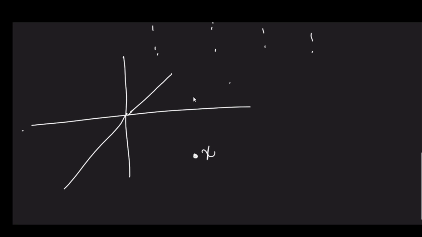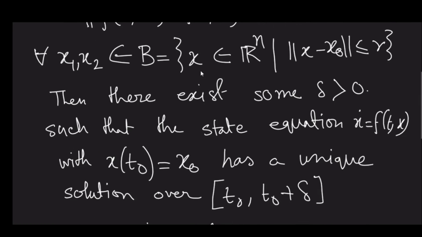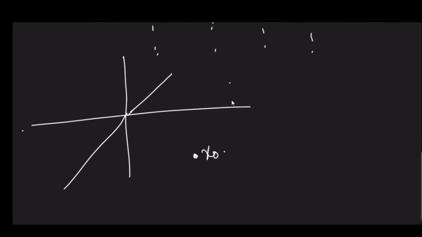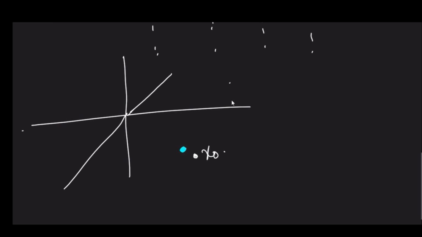Here you have x naught. Now what it tells is that it is like you have a ball around this point.